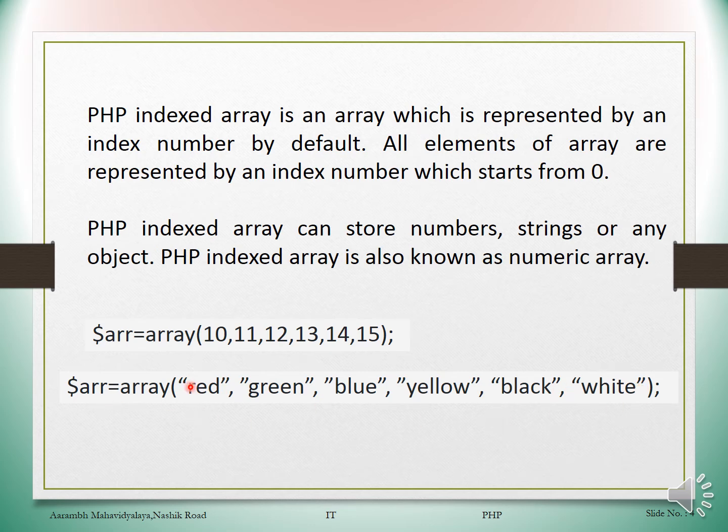You know that every string data is enclosed within double quotes, and all these colors are separated with comma. And to complete the array we have to provide the round bracket with semicolon. Okay, got the concept of array declaration? To define the array in numerical format we have to use this format, and to define the array of strings we have to use this type of format.